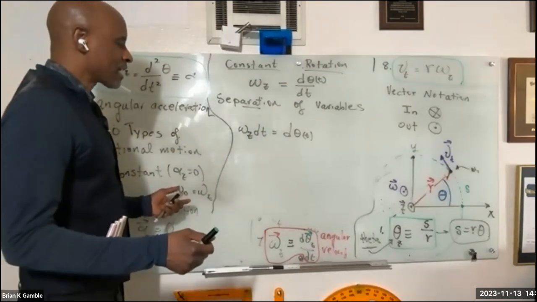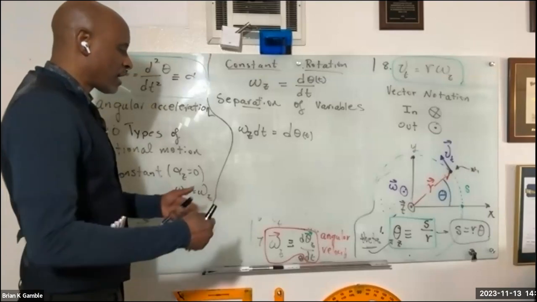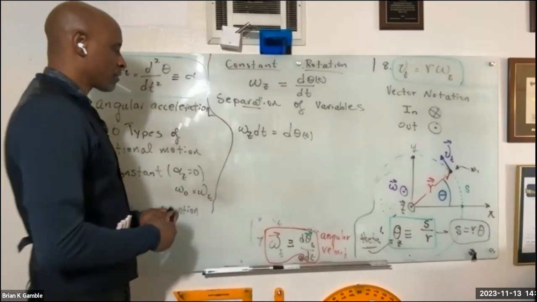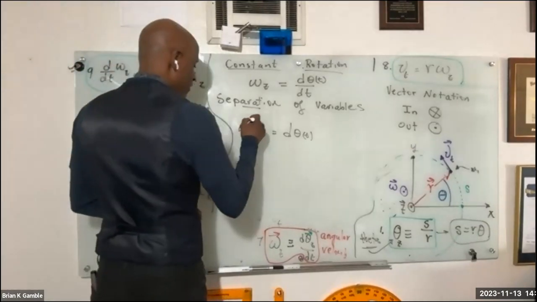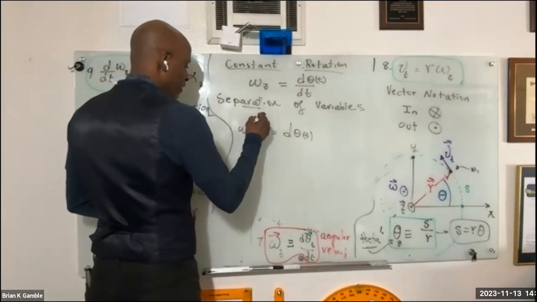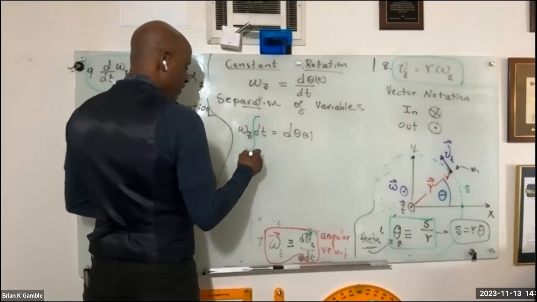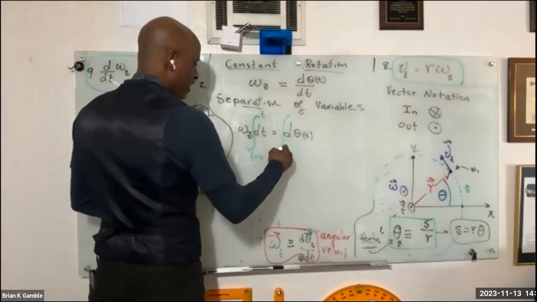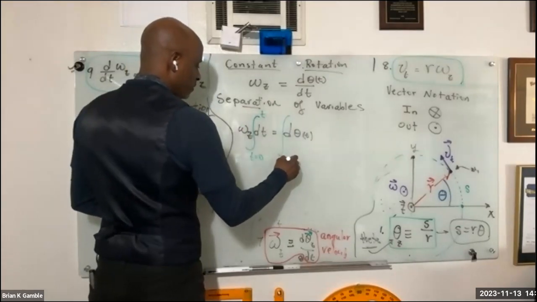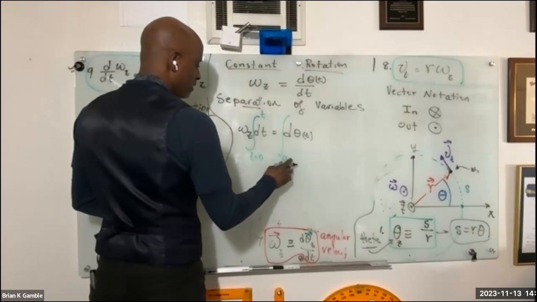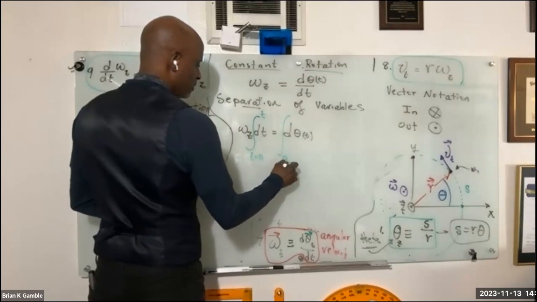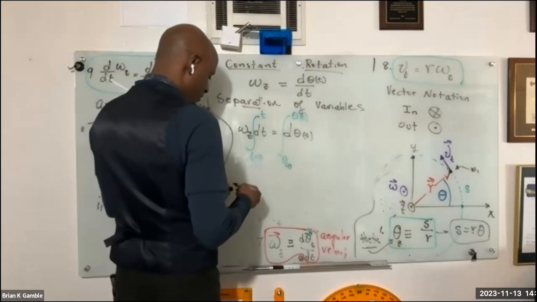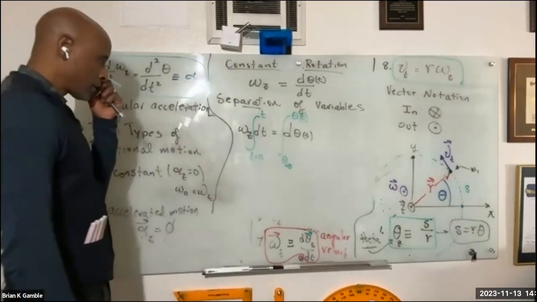Now technically it's an indefinite integral and you have to do boundary value conditions and find the limits. I'm going to do a quick shortcut here just for the purpose of teaching. I'm going to integrate with the definite integral going from t equals 0 to t and going from theta equals theta naught, the initial theta, to theta of t, the angular position at some other time.